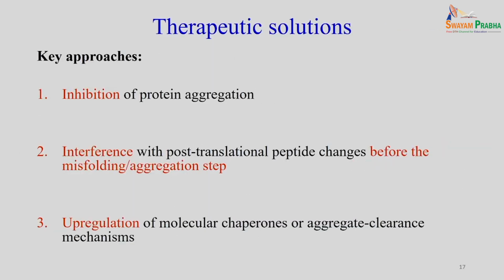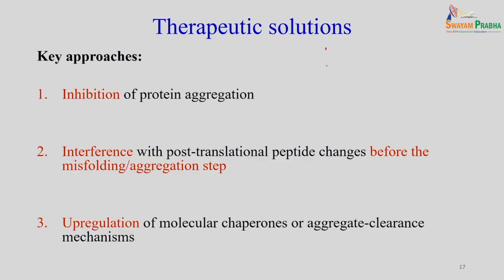So, now after understanding the aggregation behavior in presence of surfaces and in the bulk, what should be the therapeutic approaches? So, let us start with the very first, the typical kinetics of aggregation.